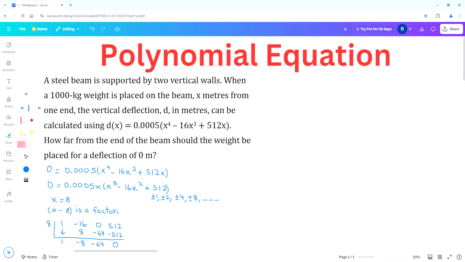This last number represents the remainder for the polynomial division. It is equal to 0. That proves that x minus 8 is a factor of the cubic polynomial.